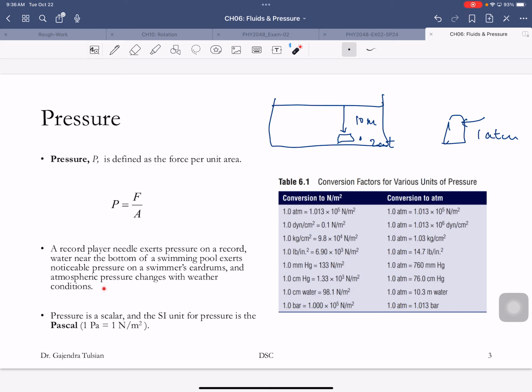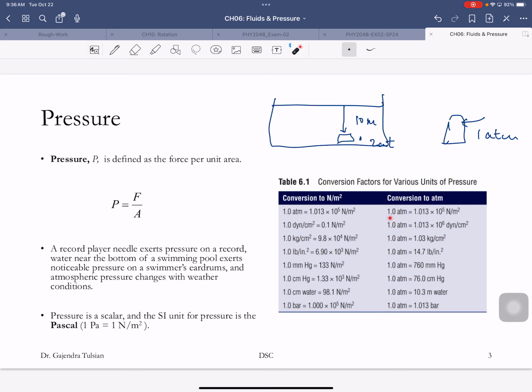Atmospheric pressure changes with weather. Now, force is measured in newtons and area in square meters. These are SI units, so the unit of pressure is newton per square meter, and this combination is called a pascal, after Mr. Pascal.